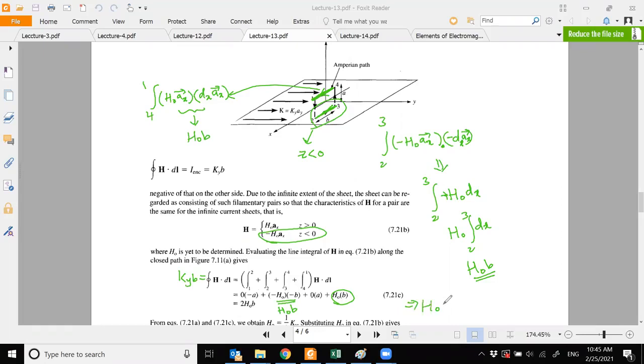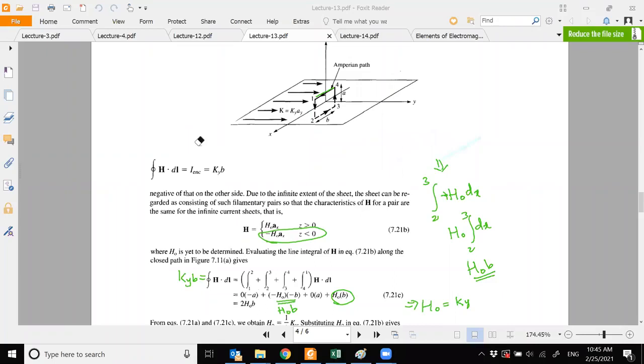So what is my unknown H naught? It is nothing but K_y equal to half K. Just a second, I'll show you.